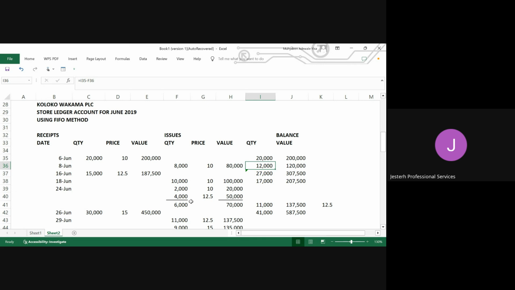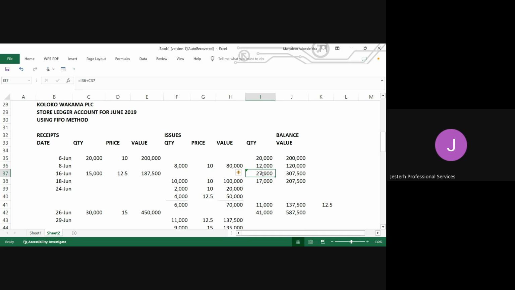On the 16th, they decided to add another 15,000 units at the rate of 12 naira 50 kobo. Now, how are we going to get the total of what we had in our stock? 12,000, that is what we had before in the store. Then we bring in another 15,000. Just add the two together, it gives us 27,000.